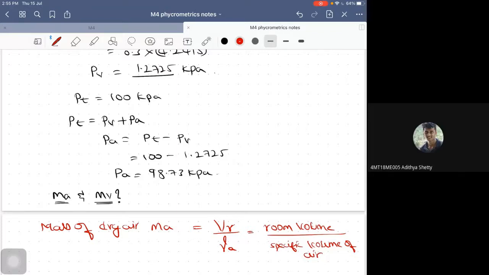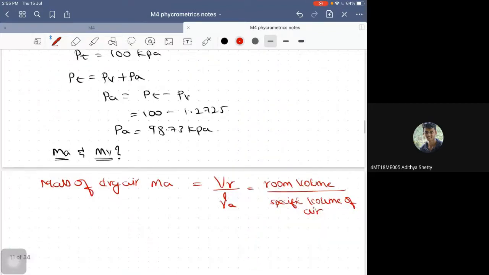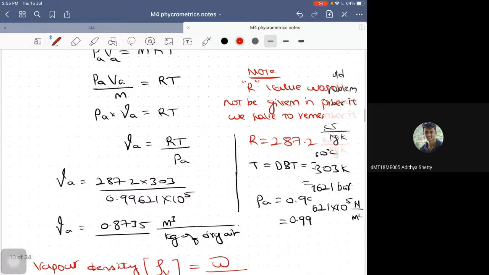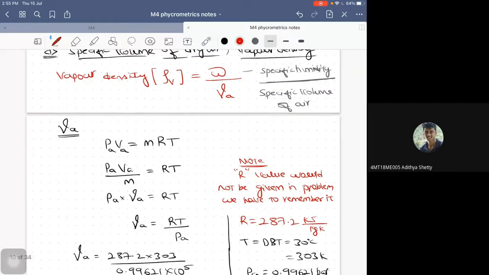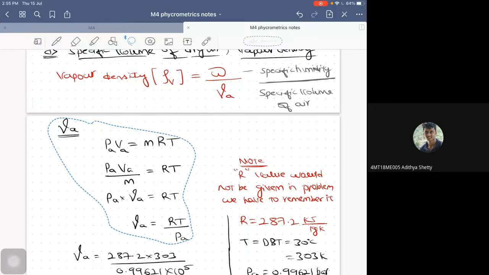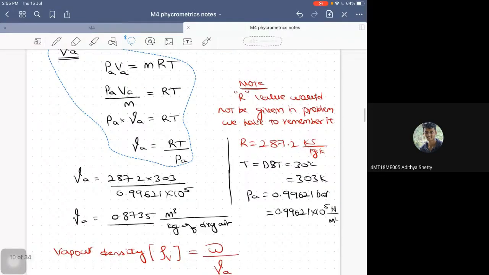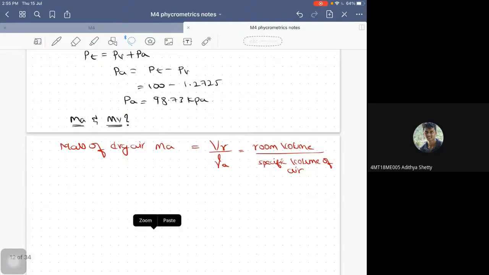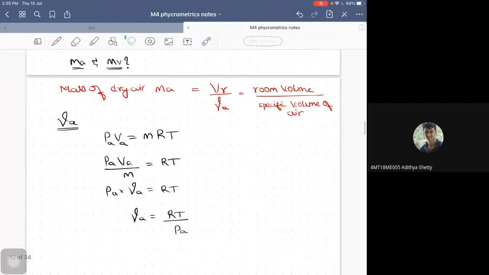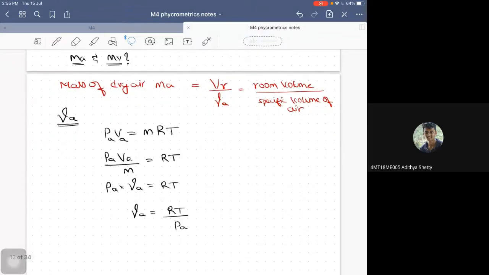No, sir. Then you have to calculate with the same old thing, the same concept of calculating VA. So VA is given by RT divided by PA.